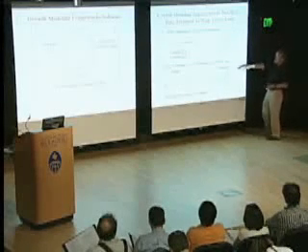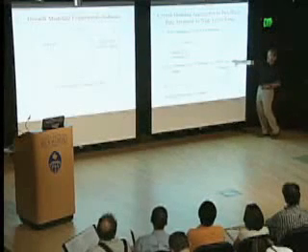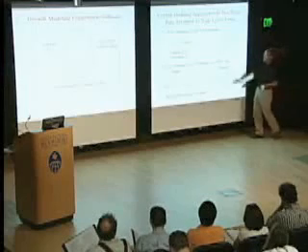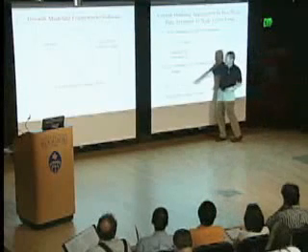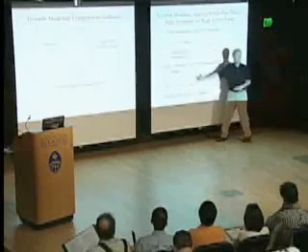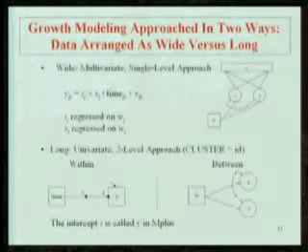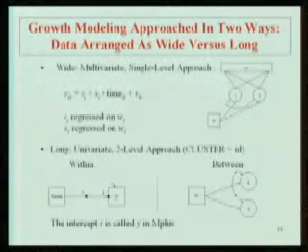But when you have very long time series, you may want to take this long univariate approach, because then it doesn't matter that you have 100 time points. You still have only one Y. 100 time points means that you have 100 members of the cluster. And what is a cluster? Person, right? Cluster equals ID.